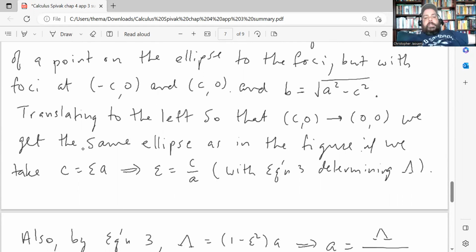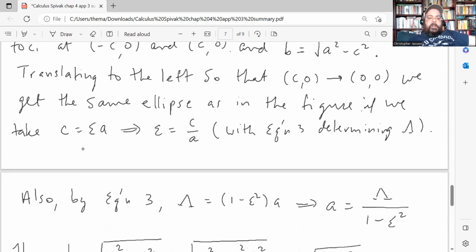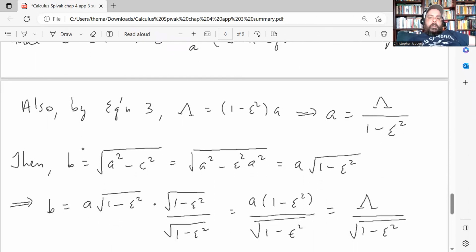So epsilon is equal to c over a, which is called the eccentricity of the ellipse. And of course, equation 3 determines the value of lambda. So lambda equals a times (1 minus epsilon squared). And using that, we can solve for a in terms of lambda and epsilon.